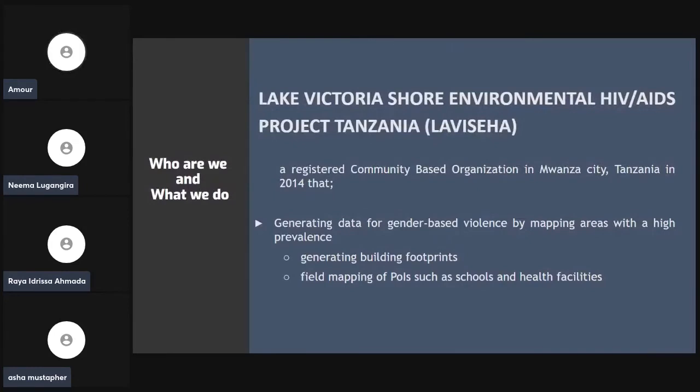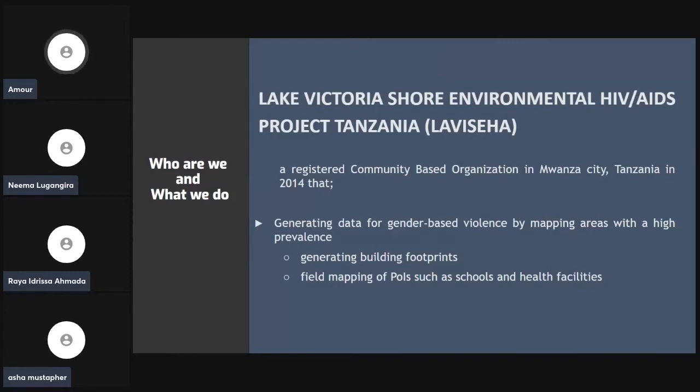Apart from these two organizations that we have seen, we also invited to this session the organization called Lake Victoria Shore Environmental HAVIs Project Tanzania, abbreviated LAVISEA. This is a CBO, or community-based organization, based in Mwanza City, and it was established in 2014.